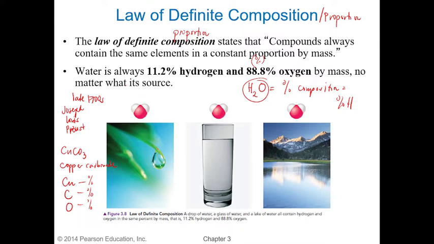For example, a drop of water on a leaf, a glass of water, water galing sa lake, these are all made up of H2O, and lahat ng mga yan ay pare-parehas lang na 11.2% hydrogen and 88.8% oxygen. Okay? So, kahit anong source ninyo, pare-parehas na water yan at pare-parehas ang composition nila in terms of percentage. Okay?